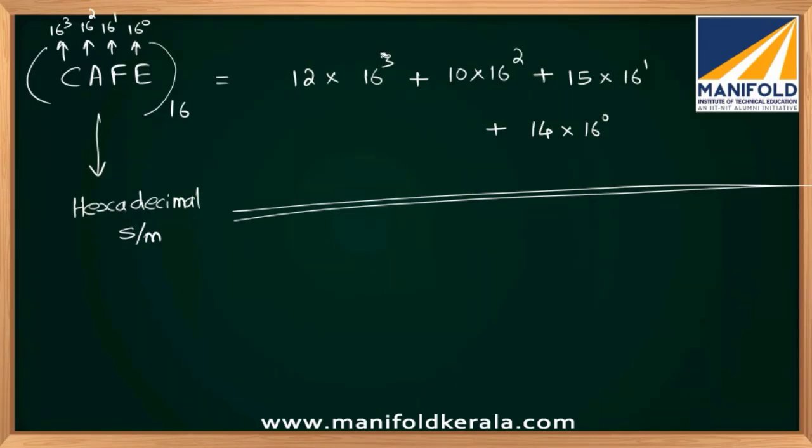So if you want to convert any base number system to your decimal number system, you have to follow the positional weight. Multiply each symbol with its positional weight, and you get the value in decimal. So that is the conversion from any base number system to decimal number system, right? I hope this is clear.